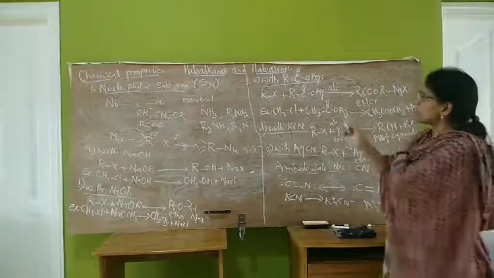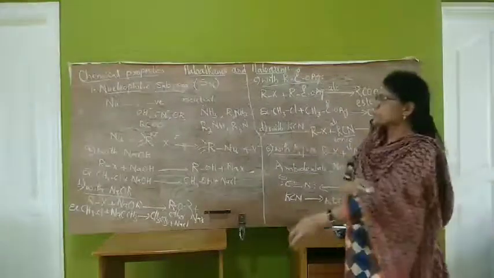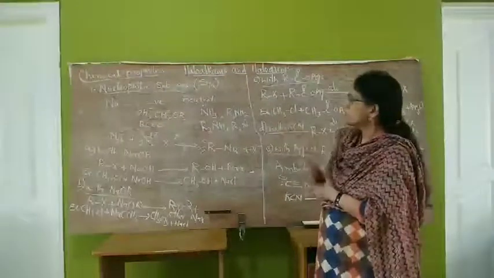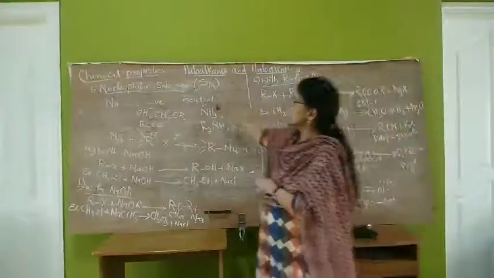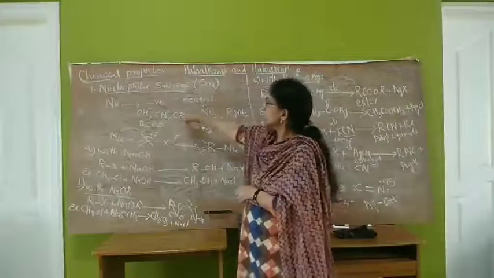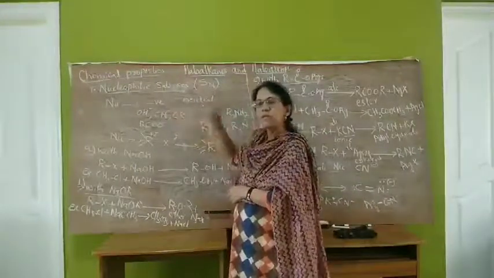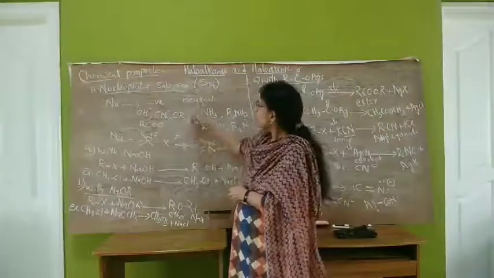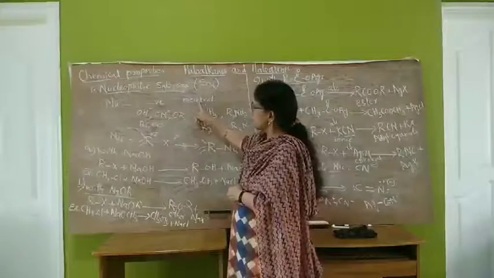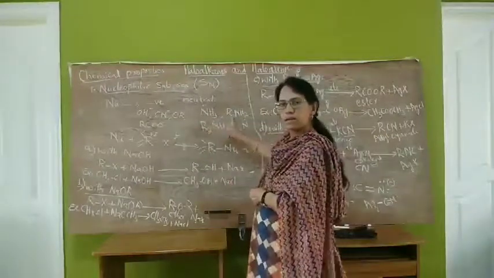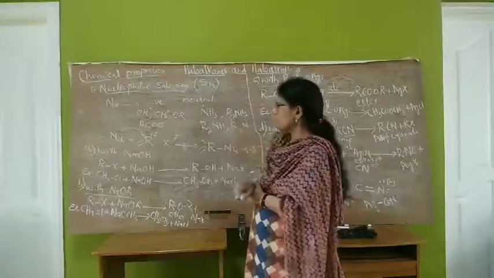I hope you have understood. Nucleophilic substitution reactions are very important for the exam. Nucleophilic substitution reactions means substitution by the nucleophile. Nucleophile means an electron-rich species which attacks the electron-deficient center. They are negatively charged or neutral in charge. Here are some examples of negatively charged and neutral nucleophiles.